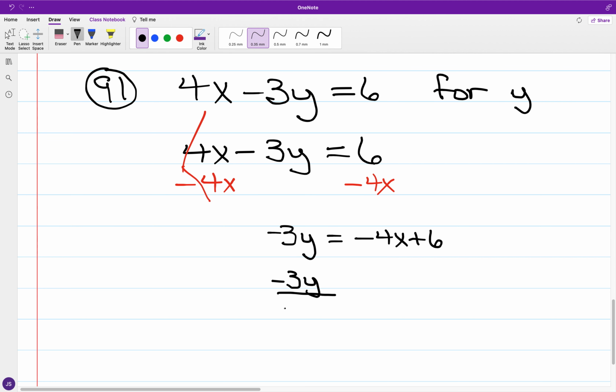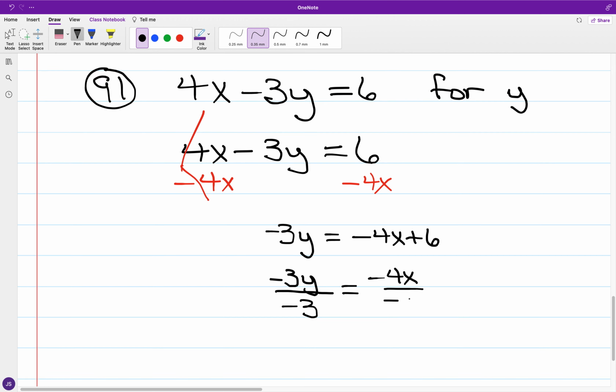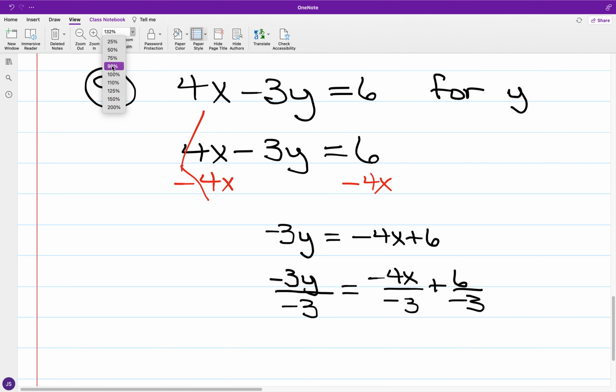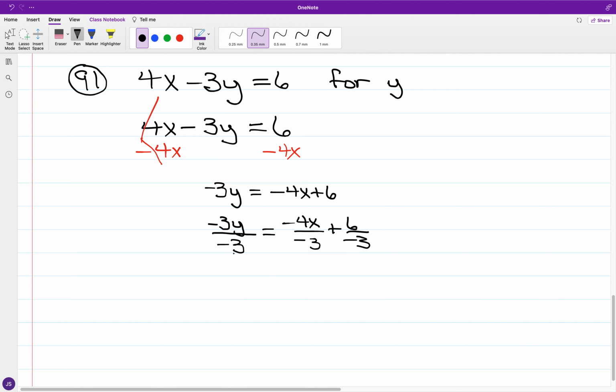Now I'm going to take care of negative 3 upon dividing the terms by negative 3. And upon doing so, negative 3y over negative 3 will become y.